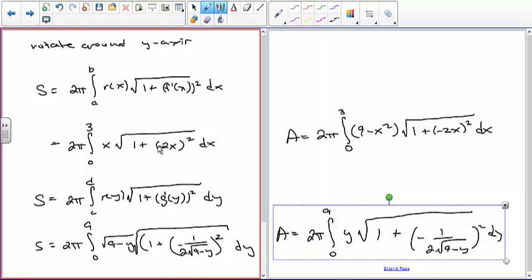Okay, so now we're going to use our online integrator to see if we get the same result again. We showed that these gave us the same number. So we'll see if I did this right.